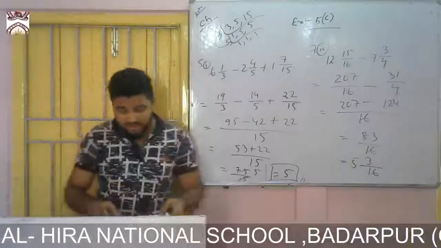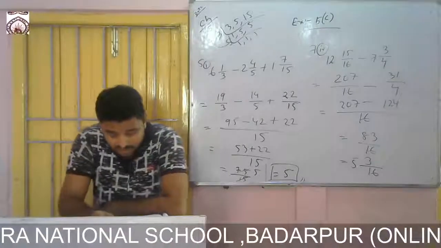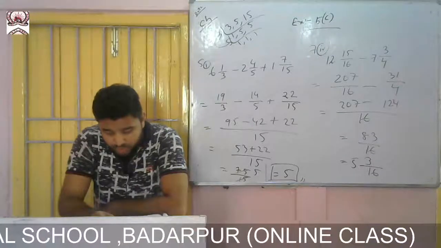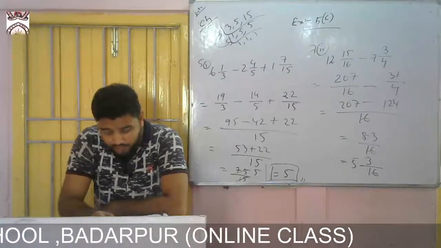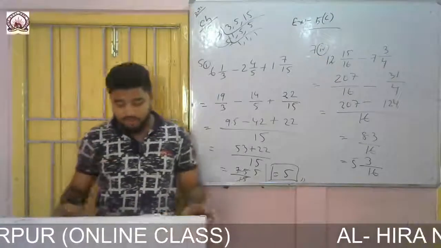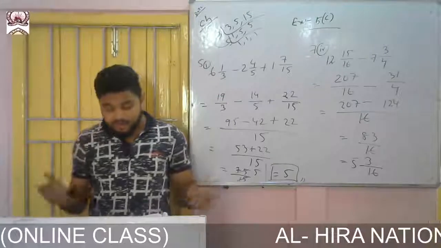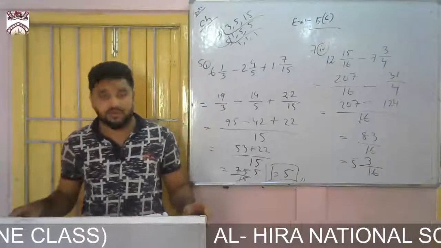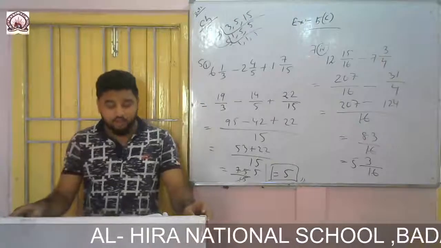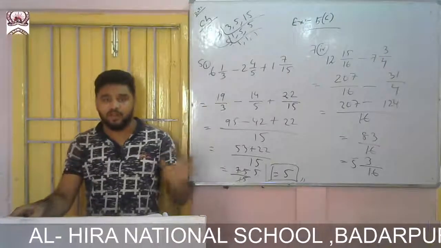So question number 17, what is given? A wheelbarrow can hold 26 1 by 4 kg. That means a wheelbarrow can take 26 1 by 4 kg. 4 rocks, rocks means one type of stones.